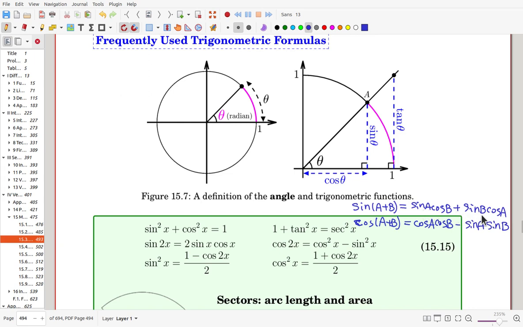There's a and b, but this is b and a. Now cosine is the horizontal direction, so it is more stable, so cosine and sine make a group and play tug of war, so cosine A, cosine B, and minus, there's a kind of string, and sine A, sine B.